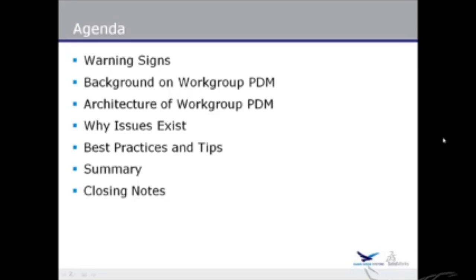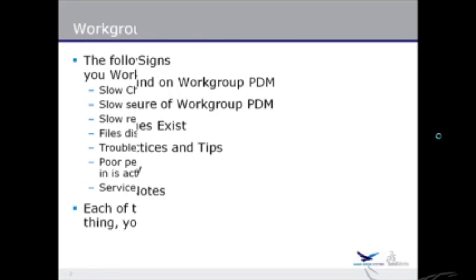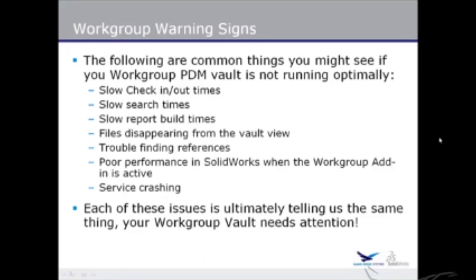Then we're going to talk about those warning signs and what actually causes them in relation to the architecture of the system. Then we're going to go through some best practices and tips on how to increase your performance and maybe solve some of these problems. And then last but not least, we're going to close that up with a summary and a few notes for you guys. So let's start off with the warning signs.